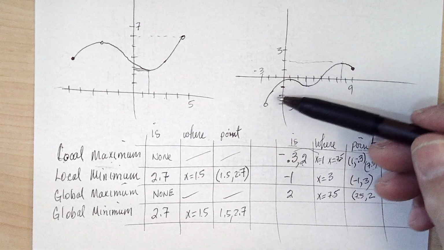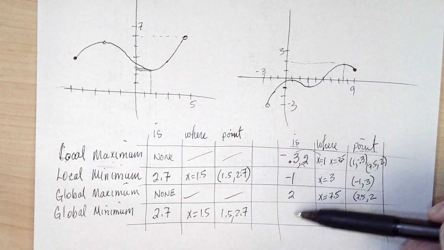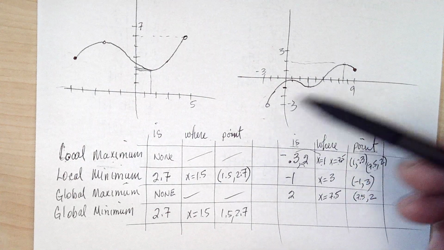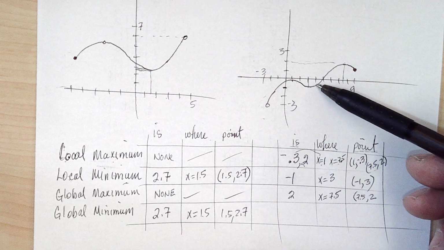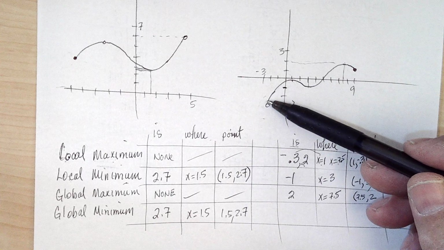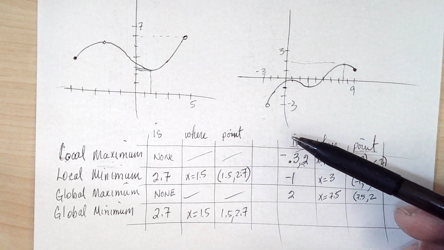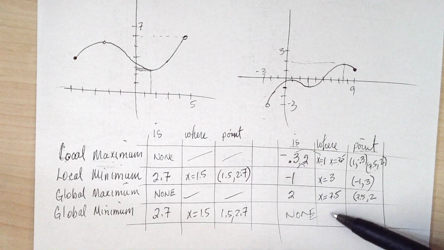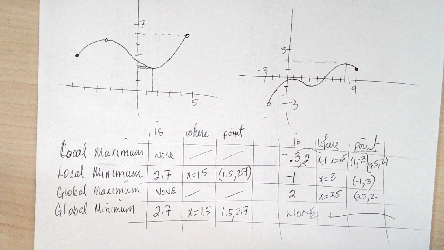And here, do we have a global minimum? Well, it's not there, because there are places lower, but they keep going down and down and down until it disappears. So there is none. Okay? So that's global maxes, global mins, local maxes, and local mins.